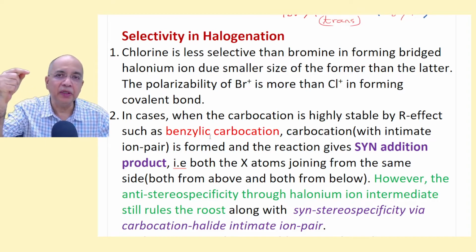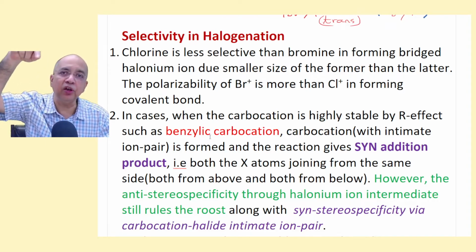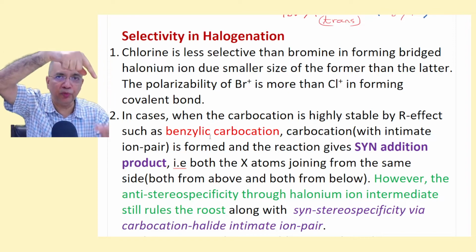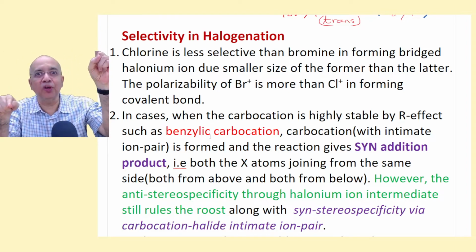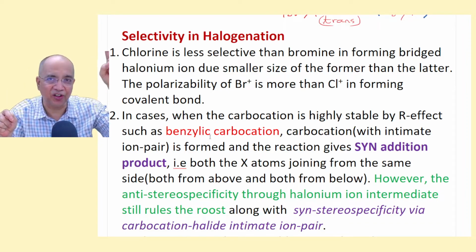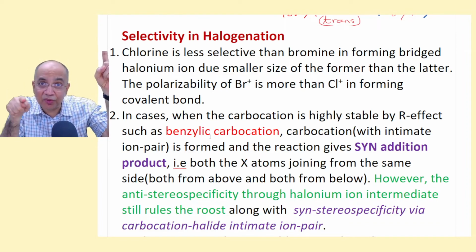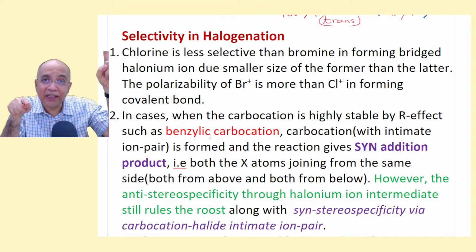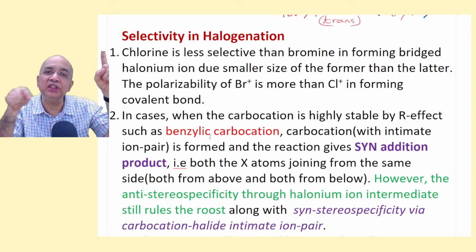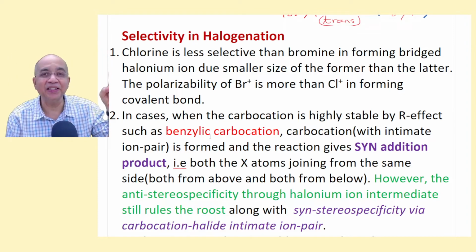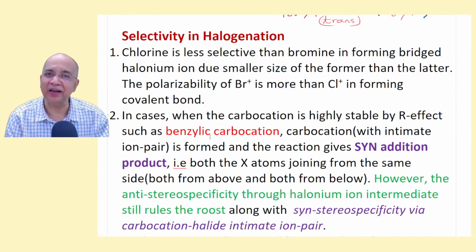For example, chlorine or bromine gives a chloronium ion and one chlorine is attached. And the carbocation is formed, not a chloronium cyclic structure. This C plus is almost in contact with the Cl minus on the same side. This is called an intimate ion pair.